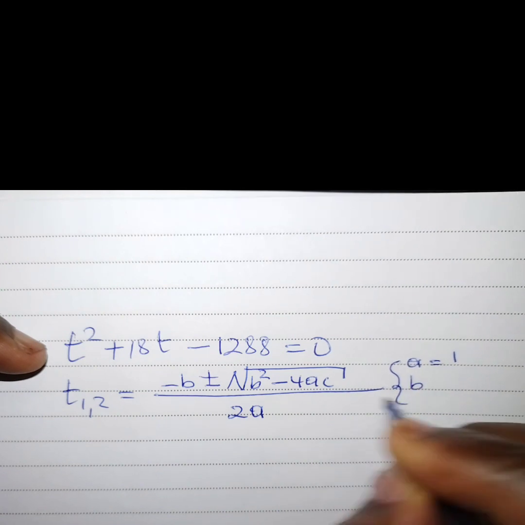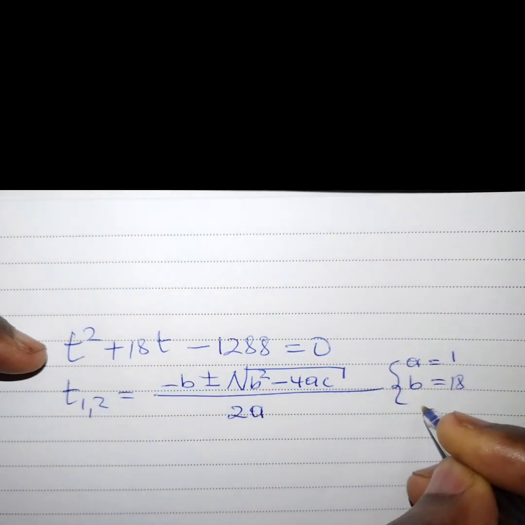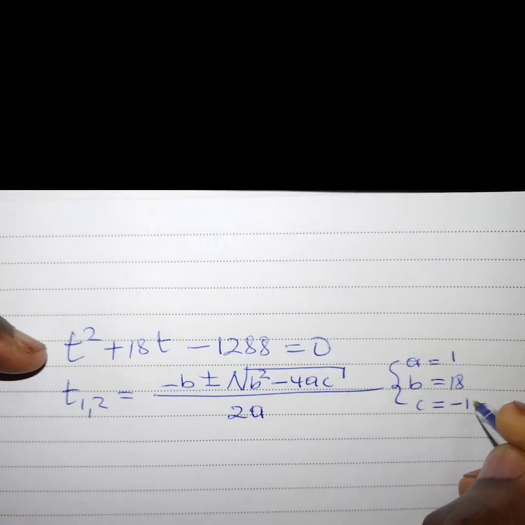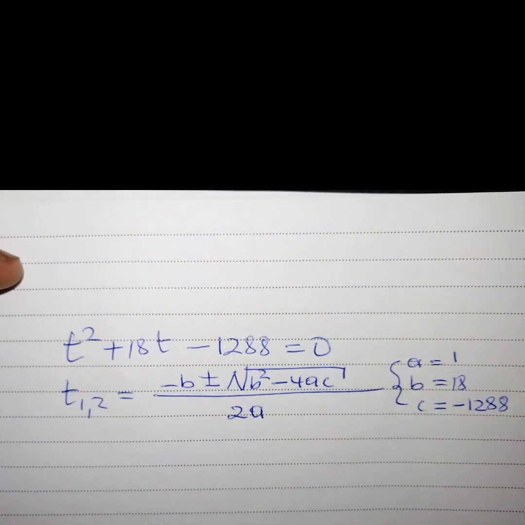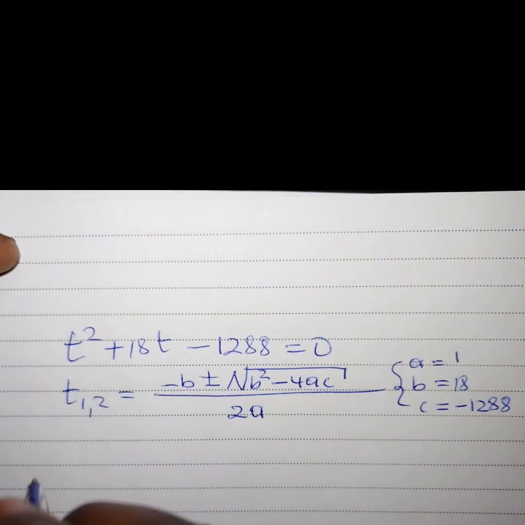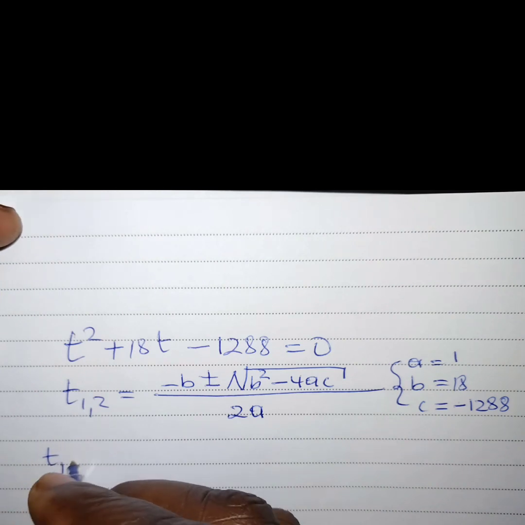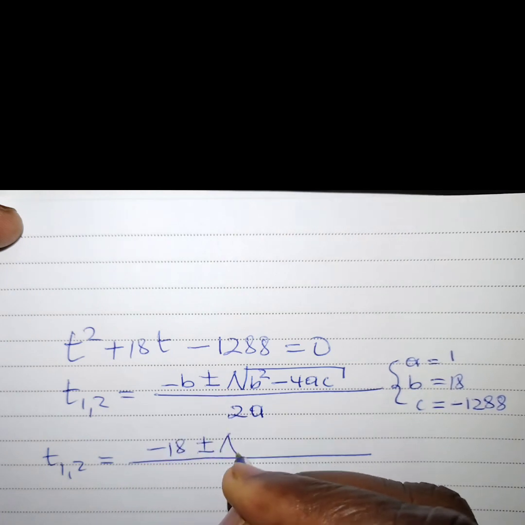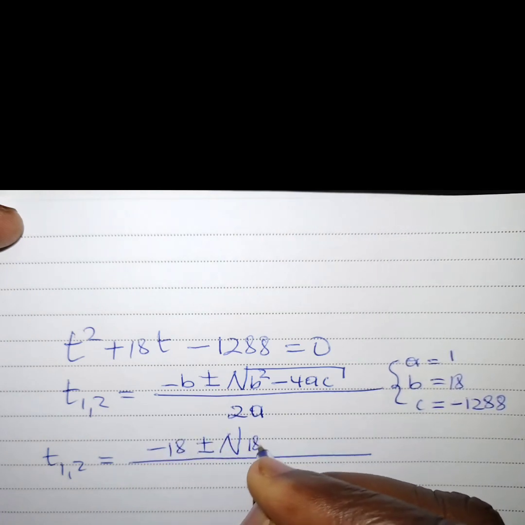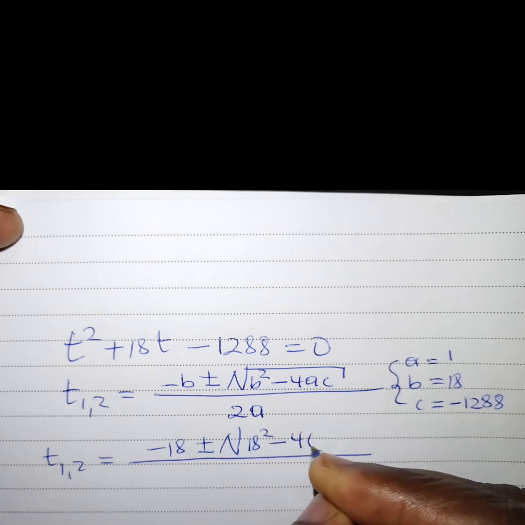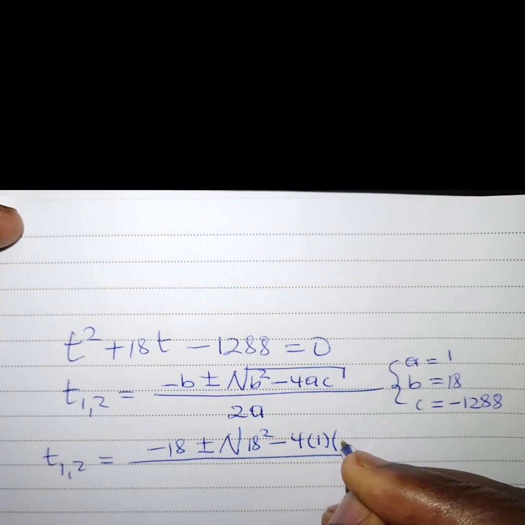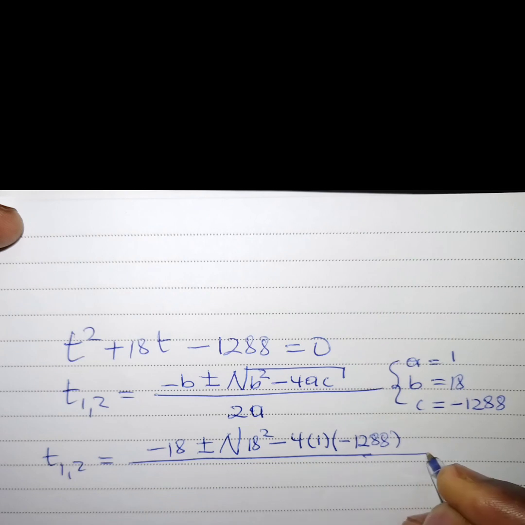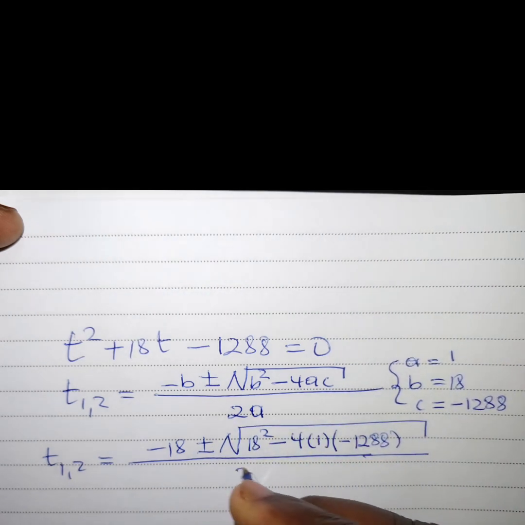Our b is the coefficient of t, which is 18. Then our c is minus 1288. Now replacing these into the equation, t1, t2 will be equal to minus 18 plus or minus the square root of 18 squared minus 4 into 1 into minus 1288, all over 2 times 1.